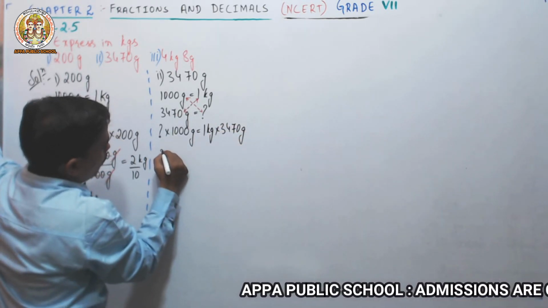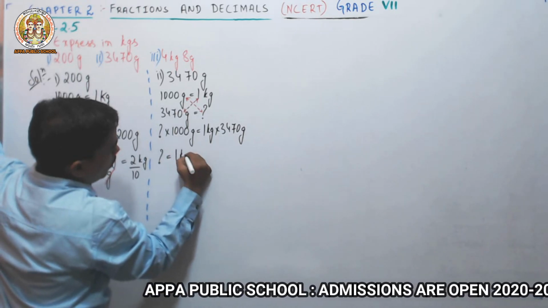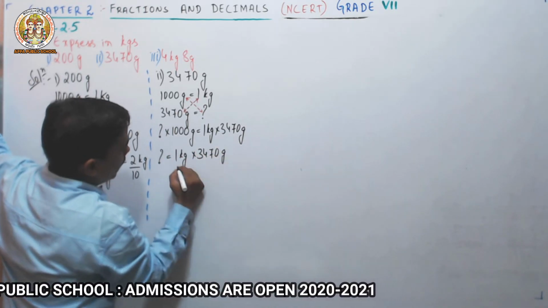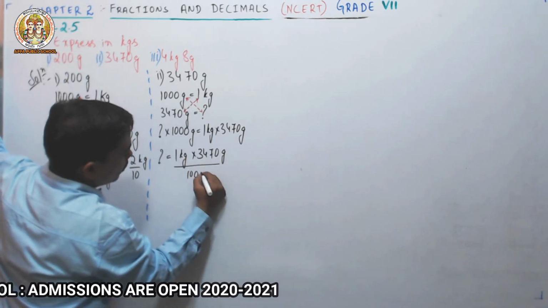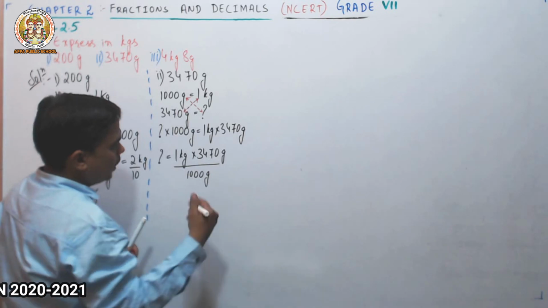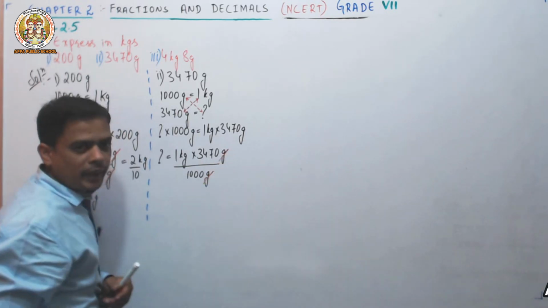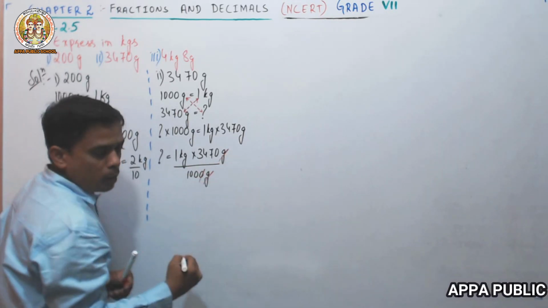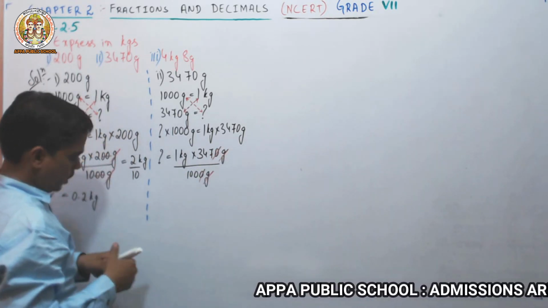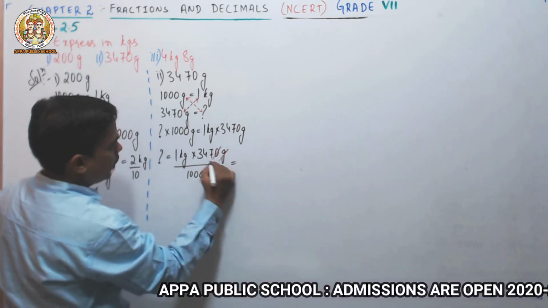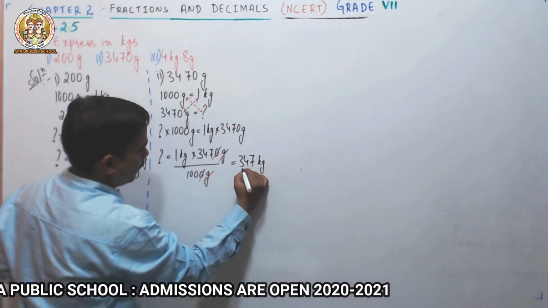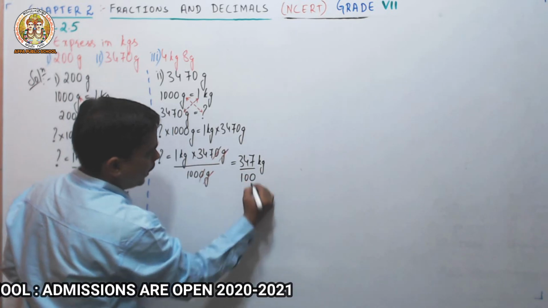So question mark is equal to 1 kg into 3470 gram divided by 1000 gram. I will cancel once again here. Unit, gram and gram will cancel. 1 zero in the denominator, 1 zero in the numerator. How much will it be? 347 into 1, 347 kg divided by 100.